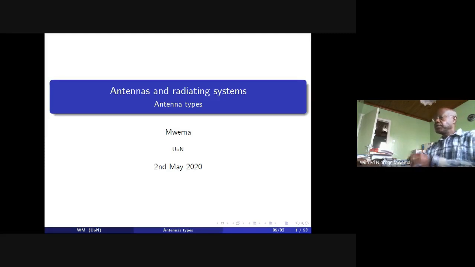And now we want to show the practical antenna types that you can always consider when you are trying to design a communication system or a radiation system, in your daily work as an electrical engineer after you graduate.